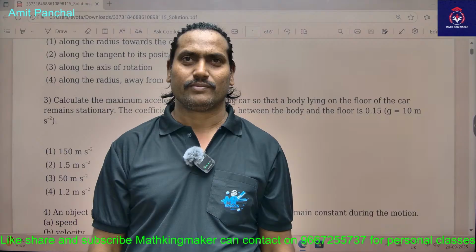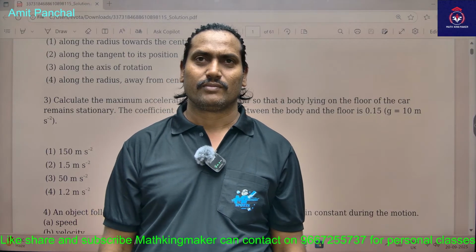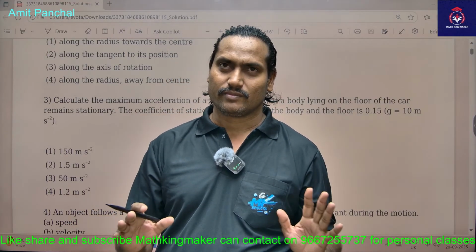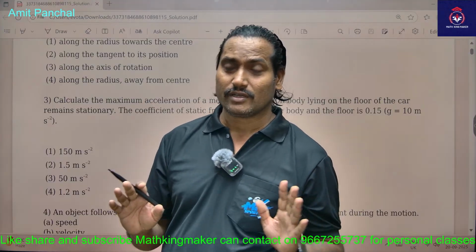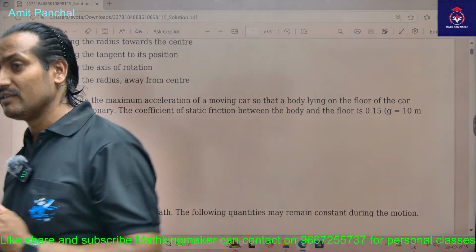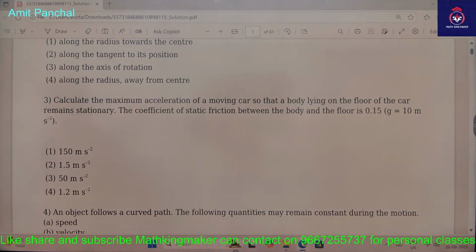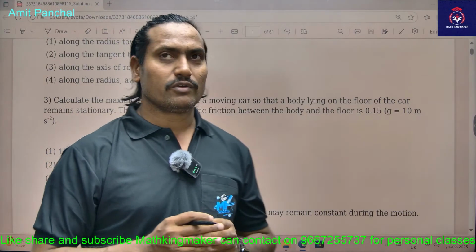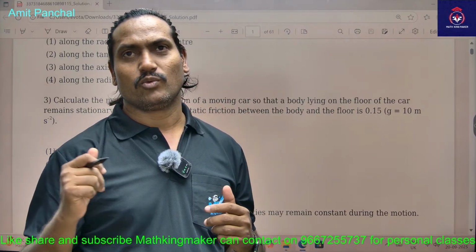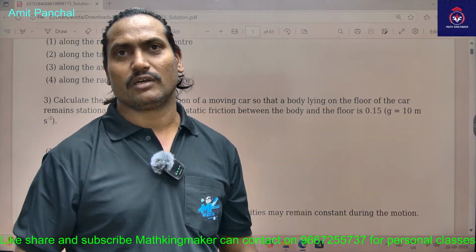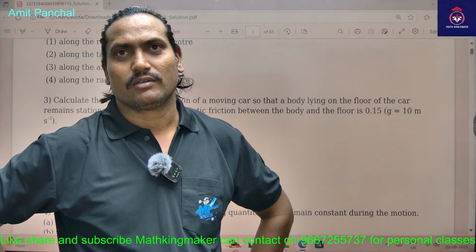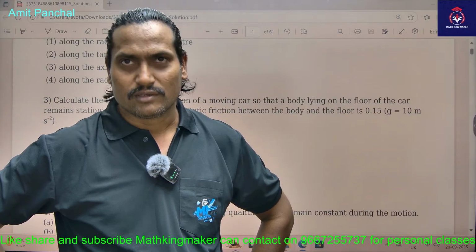When the car is going with constant acceleration? Constant acceleration means moving with constant velocity. And if your velocity changes, what happens inside the car? We move back if the car is moving forward, and we move ahead if the car stops.